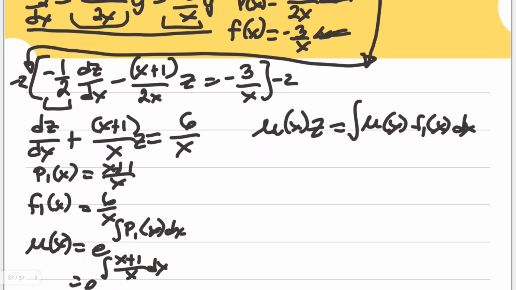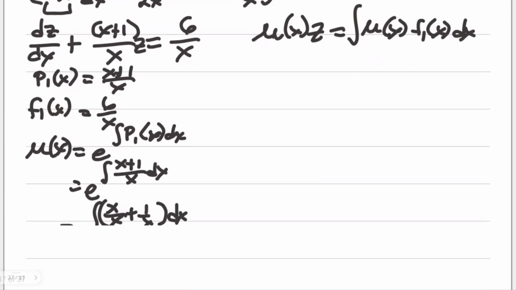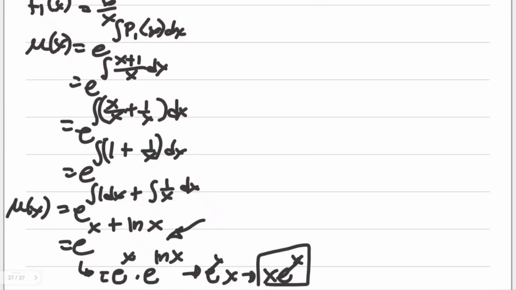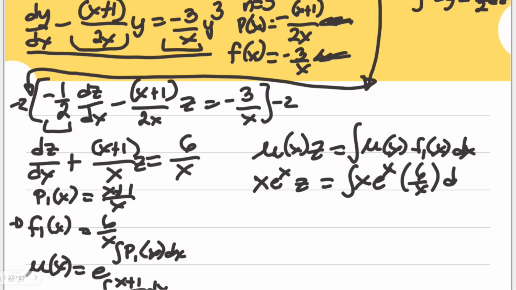I told you earlier this will be very long because of the additional steps needed earlier to verify for the Bernoulli equation. Our integrating factor is this again at the bottom. So you have x e to the power of x times z is equal to the integral of x e to the power of x times your f sub 1 of x, which is 6 over x, dx.